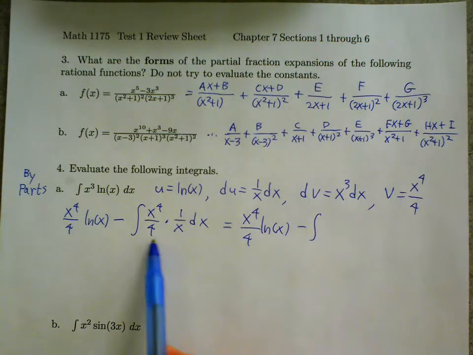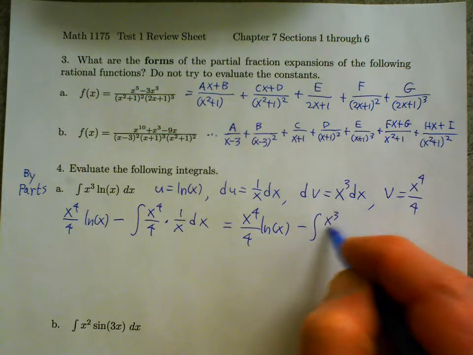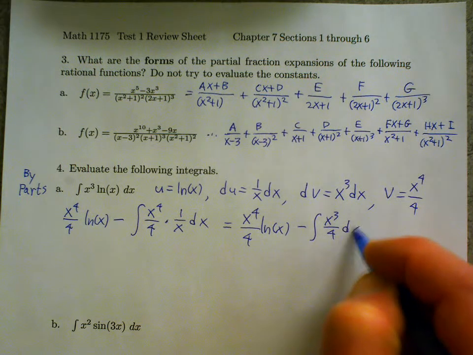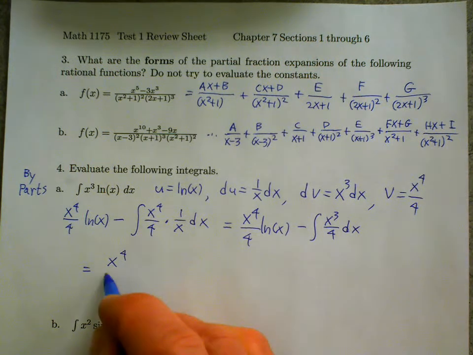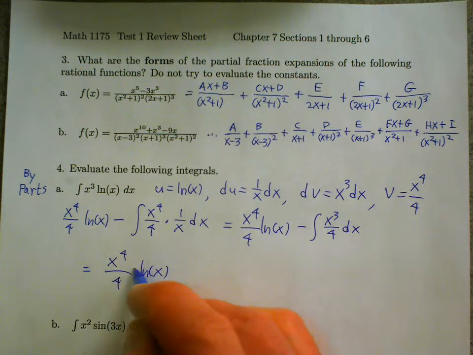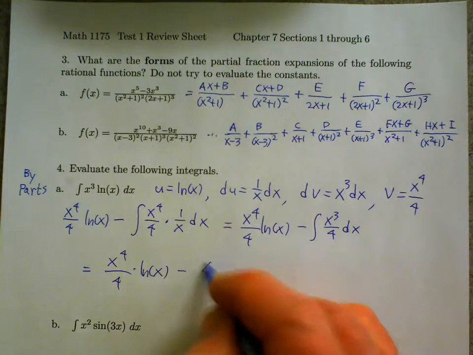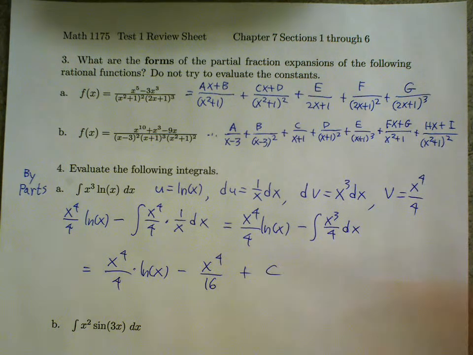So when we simplify this, we just have x to the third over 4 dx. And then the last step, x to the fourth over 4 times the natural log of x minus x to the fourth over 16 plus a constant.